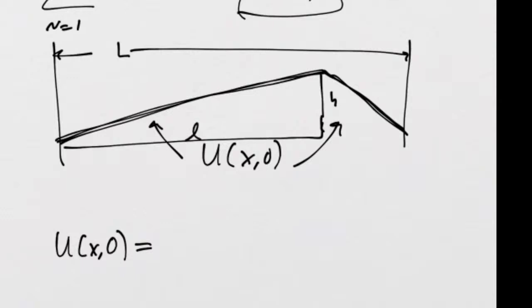No, better not, because if I say the word L, nobody will know what I mean. Let's call it r. So the slope of that line is h over r, and h over r times x is the height of the string when x goes from 0 to r.